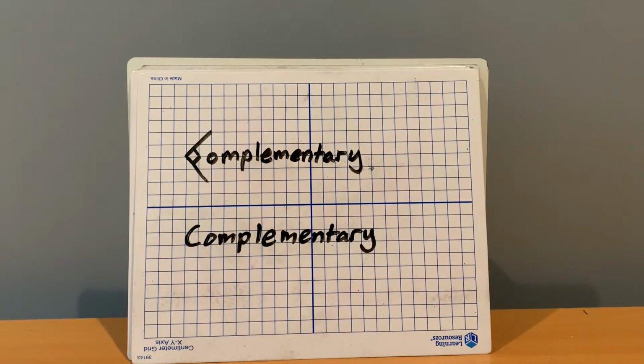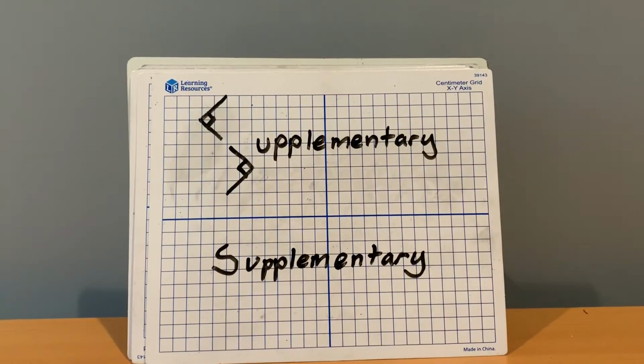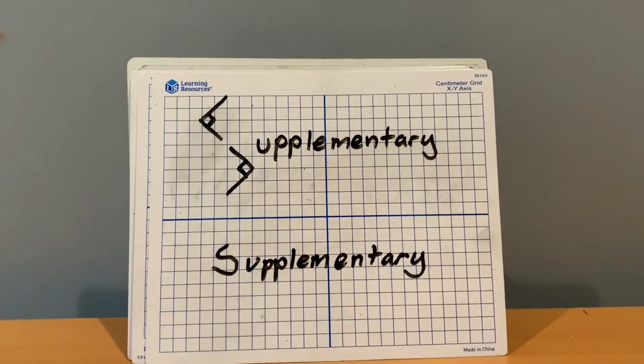The S in supplementary resembles two right angles. Now, these two right angles total 180. So you can remember that the two right angles that kind of represent an S would equal a supplementary angle.